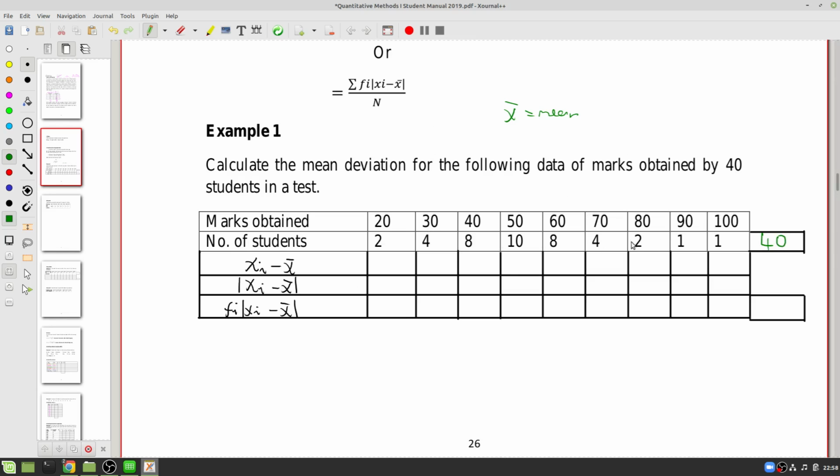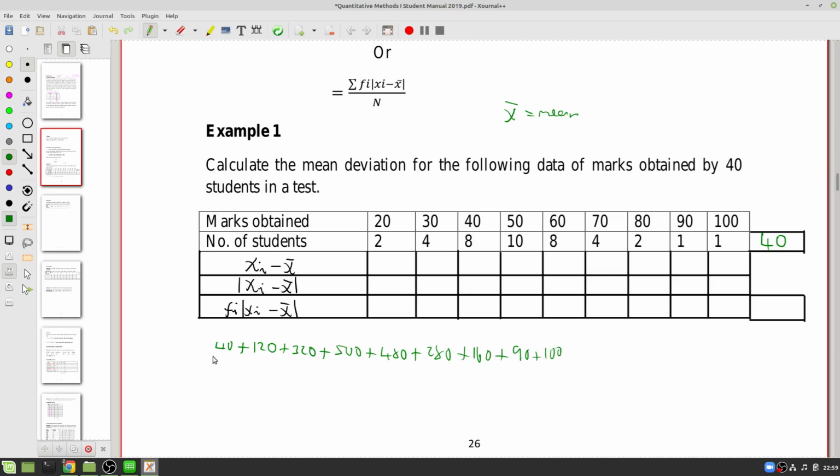Right, so if we add all of this up, we'll get 40. Now we see there's two 20s, four 30s. So two 20s gives us 40, plus 4 30s is 120, 8 40s is 320, 10 50s is 500, 8 60s is 480, 4 70s, that's 280, 2 80s is 160, 190, and 100.